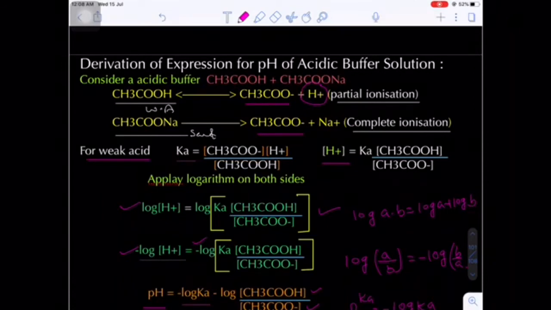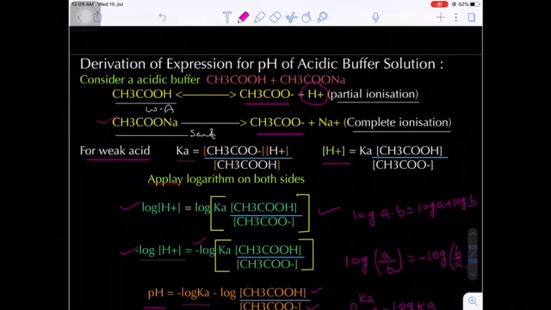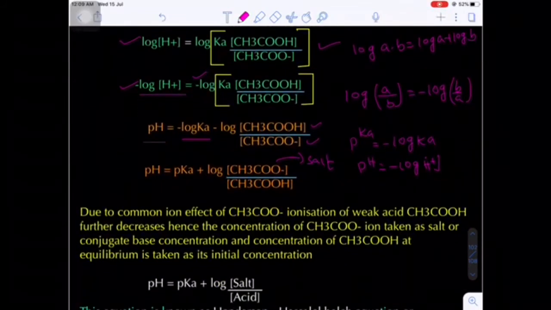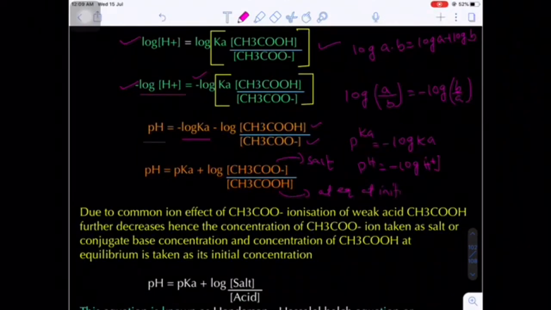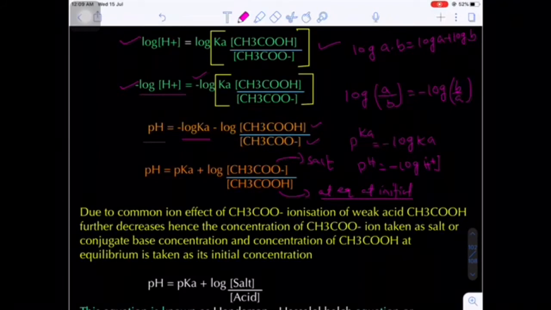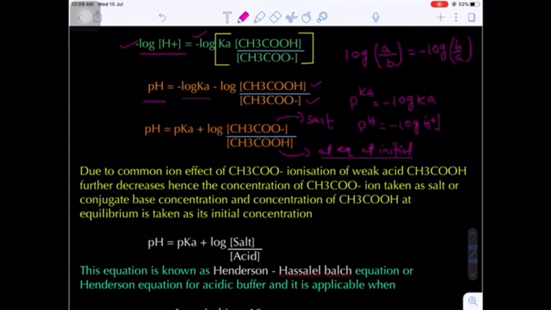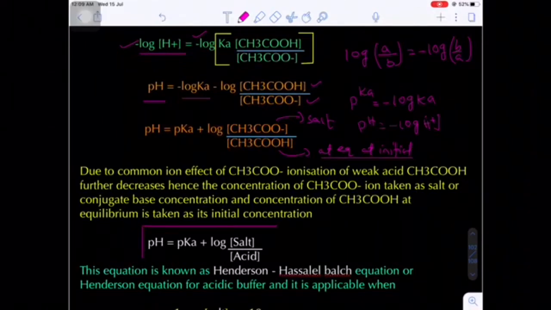Because of the common ion effect, the ionization of the weak electrolyte decreases further. Practically, the ionization of acetic acid is negligible. Whatever the concentration of acetate ions, we can consider it from salt only. Now the acetic acid concentration at equilibrium and at initial condition, we will assume both to be the same, because the ionization of acetic acid is a negligible quantity. Are you getting my point?